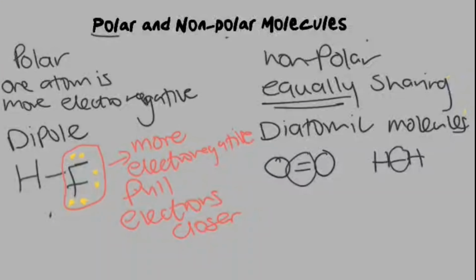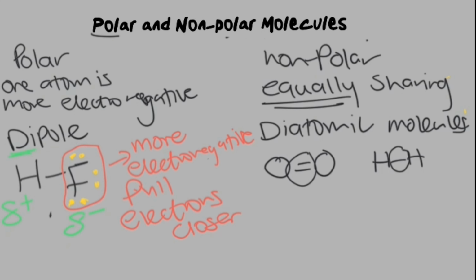And that would leave this side slightly negative, and this side where the hydrogen is would be slightly positive. So those are what we call dipoles.